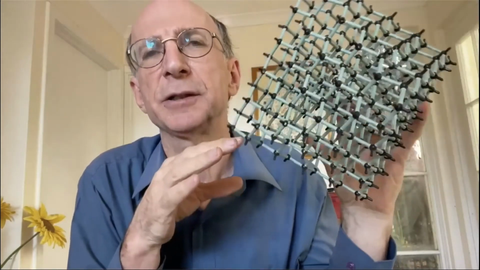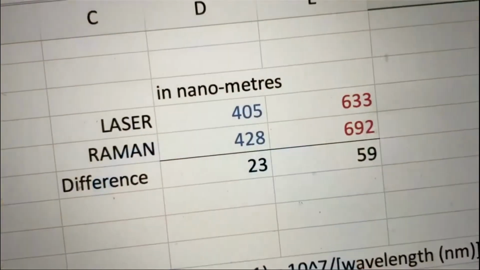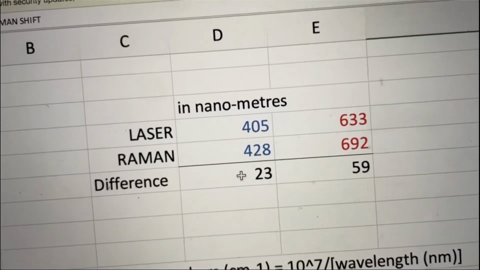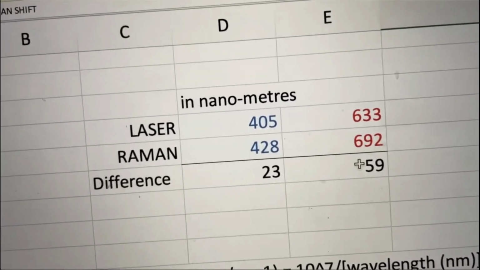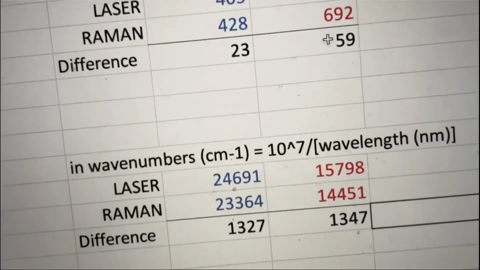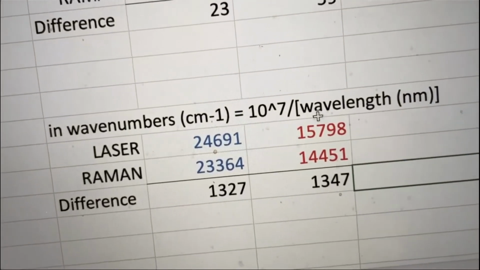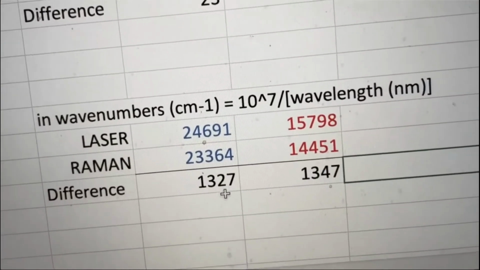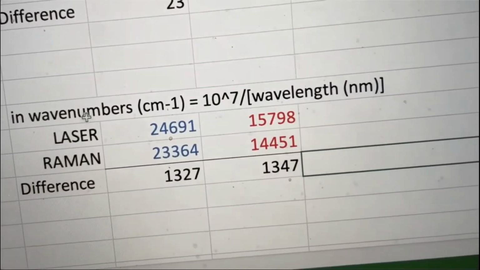In the case of diamond, a particular structure, it only provides one line at a particular energy difference between the laser energy and the peak wavelengths. If we consider those two lines which I showed earlier, the difference in the wavelength in nanometers is quite a bit, 23 versus 59. But if we look at those wavelengths as a wave number, then the differences are very much similar.